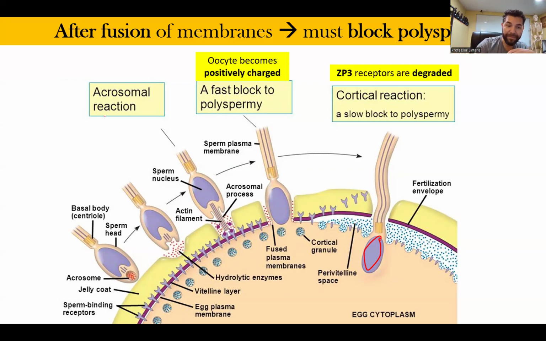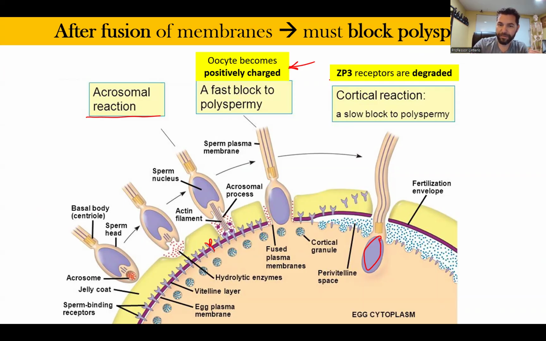So what happens after that acrosomal reaction? I like this picture because you can see what those receptors look like there: sperm binding receptors, ZP3s. Once this enters, post-acrosome reaction, the oocyte gets charged, right? Think of it like a positive charge that flies through this thing, and it helps block polyspermy.